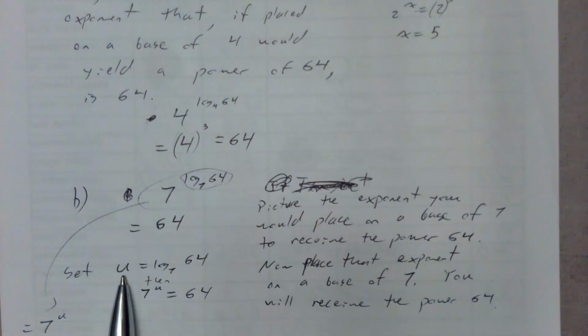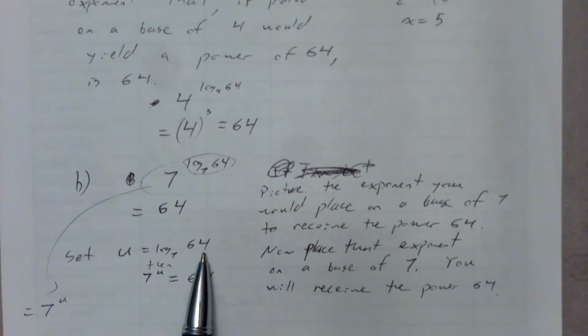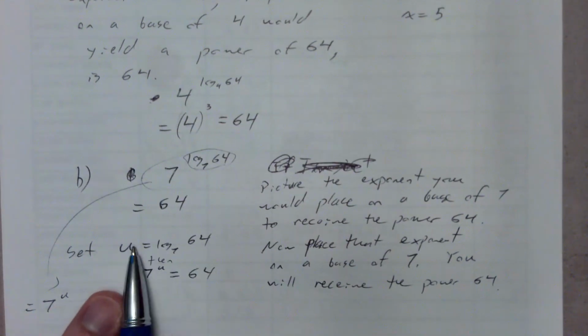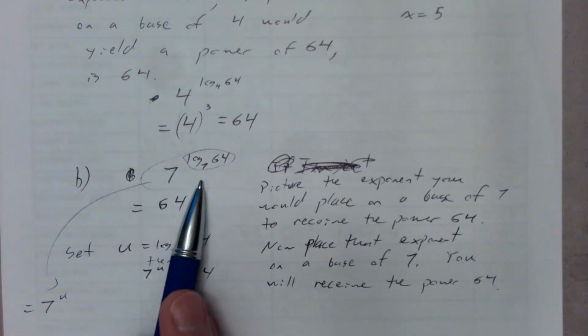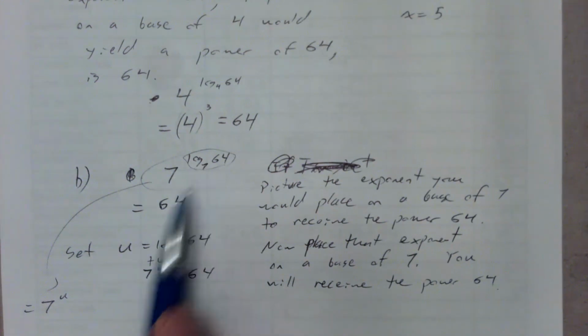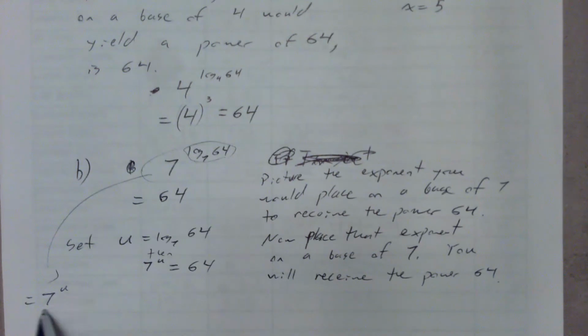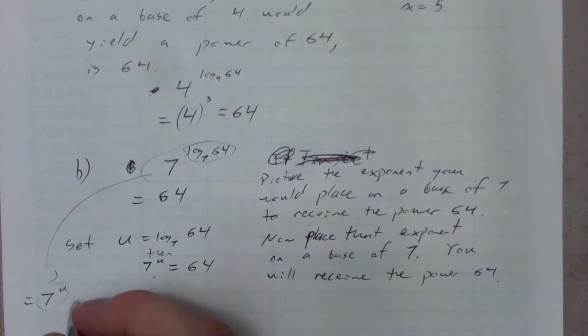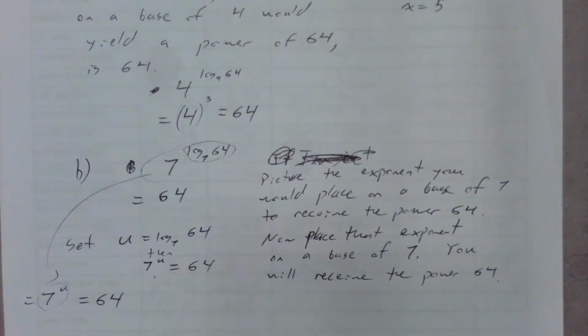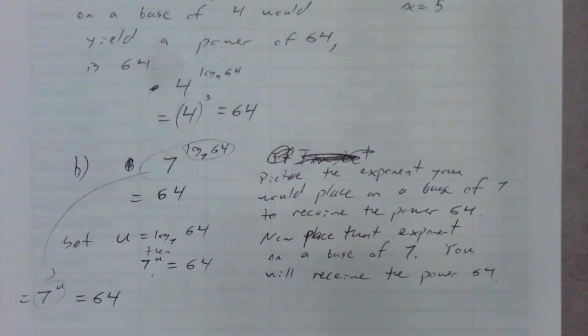So when I introduce u to be log base 7 of 64, that means that 7 to the exponent u is 64. But when I replace log base 7 of 64 with u, notice that I get 7 to the exponent u. What do I know about 7 to the exponent u? I know that it's 64. I can do this without solving for u. I don't need to know what log base 7 of 64 is to know what 7 to the exponent log base 7 of 64 will be.